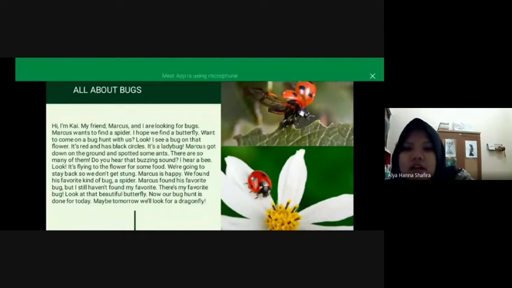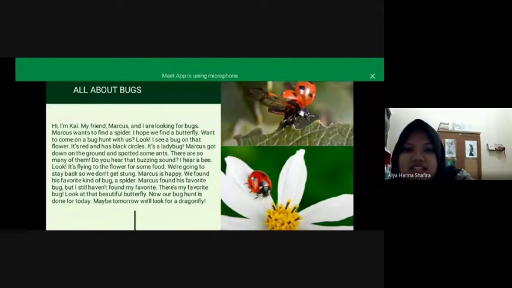Marcus got down on the ground and spotted some ants. There are so many of them. Do you hear that buzzing sound? I hear a bee. Look, it's flying to the flower for some food. We're going to stay back so we don't get stung. Marcus is happy.